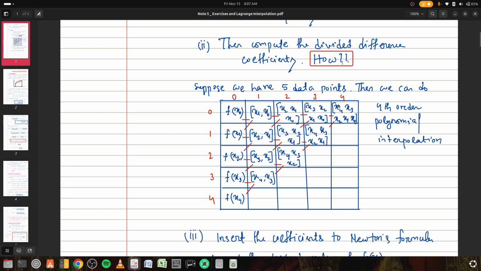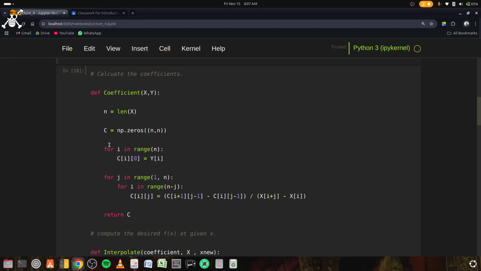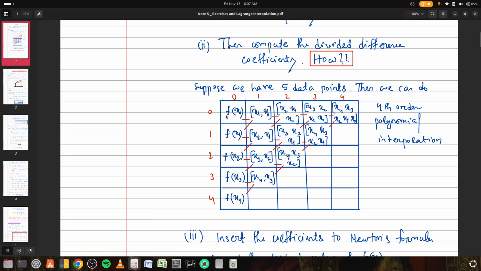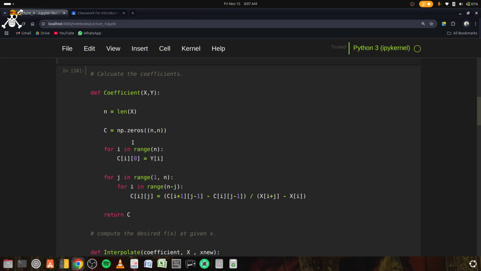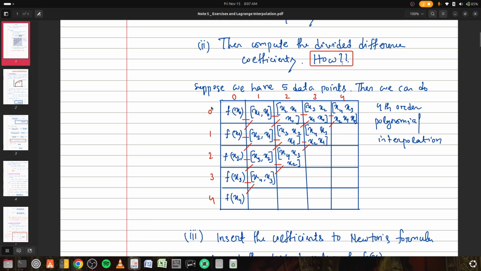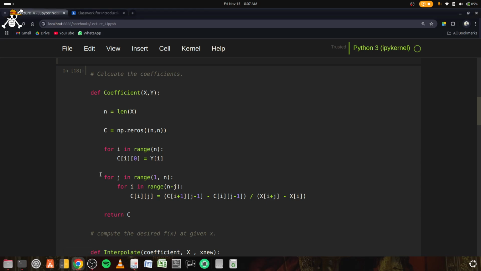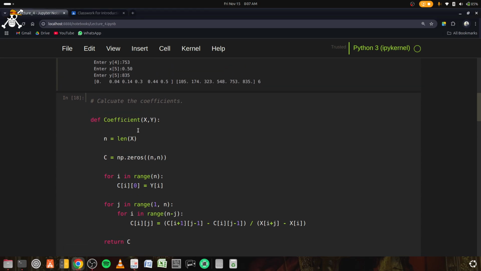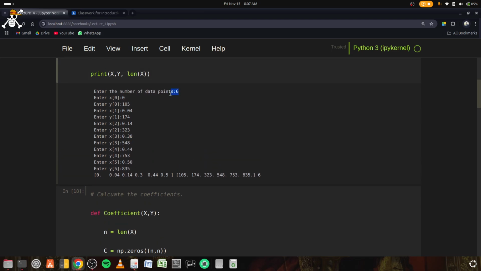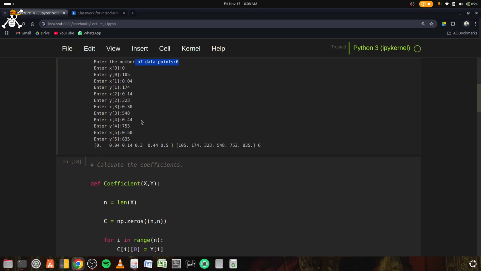So in the note it was a 5 cross 5 matrix with 5 rows and 5 columns, but in our program it will be a 6 cross 6 matrix, with 6 rows and 6 columns, because we have taken 6 data points. The number of data points is 6.